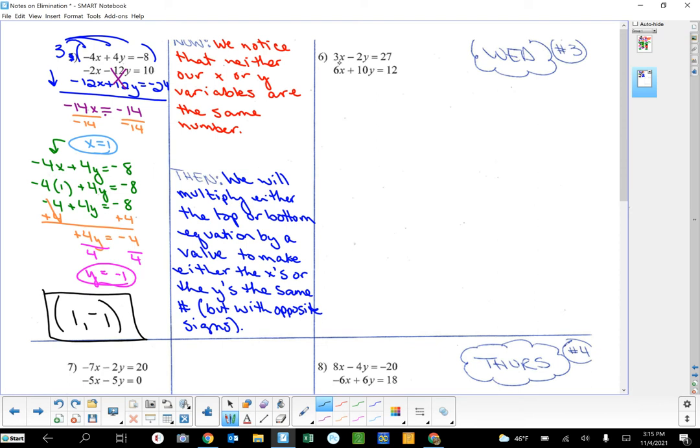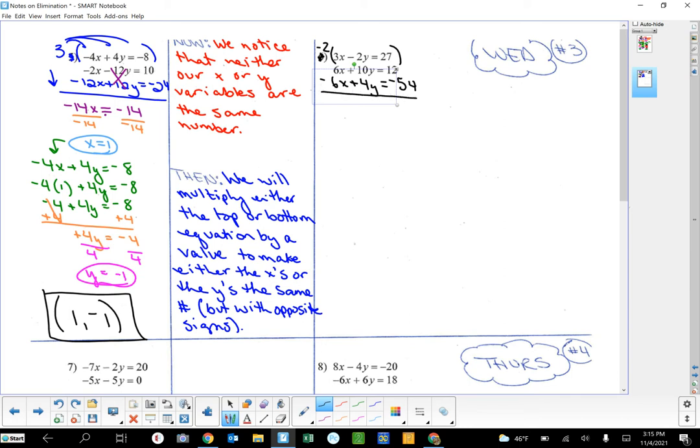All right, let's do this one. Again, we're going to multiply by something to make the numbers the same but the signs opposite. This one, I'm actually going to get rid of my x's here. So I'm going to multiply by a negative 2 just to show you that that number can be negative. So I'm going to go negative 6x, and that's going to be plus a 4y. And 27 times 2 is a 54, and that 54 is going to be negative.